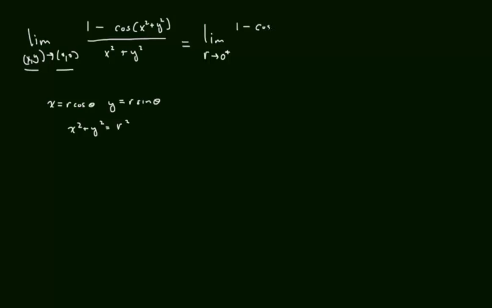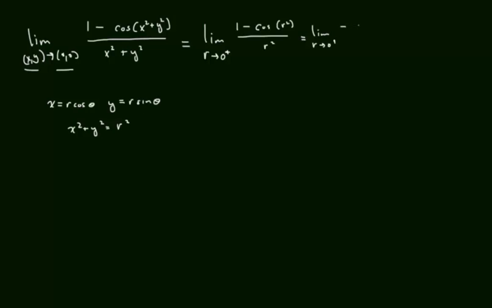So this is going to be the cosine of r squared over r squared. Looks like we can use L'Hopital's rule here. So the limit as r goes to 0 from the right, please don't forget from the right, and what is that going to be?